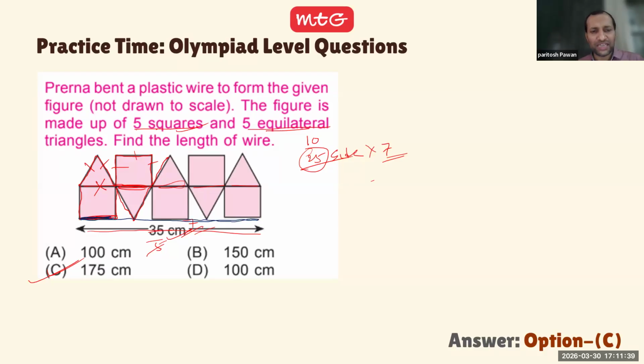This is one side, this one and this one, two sides, because the base of the triangle and the base of the square are both the same, so their sides will be equal. Yes, sir, because it's an equilateral triangle. So this is 2, this is 3, this is 4, and this is 5. Means in 35, 5 sides are there. So one side will be 35 divided by 5, 7. Very good, very good.